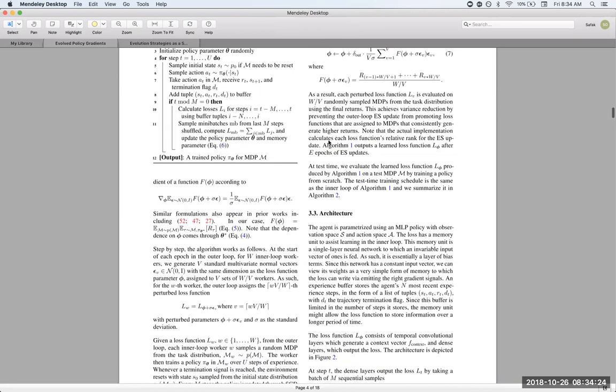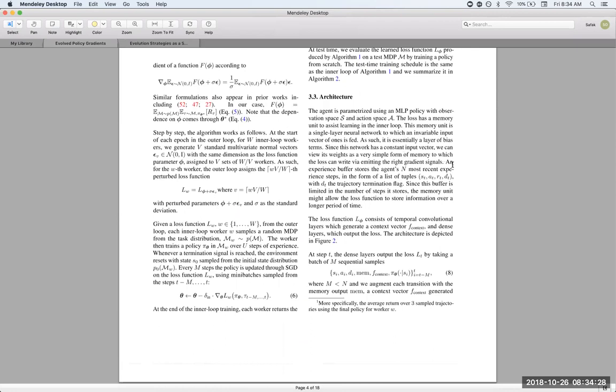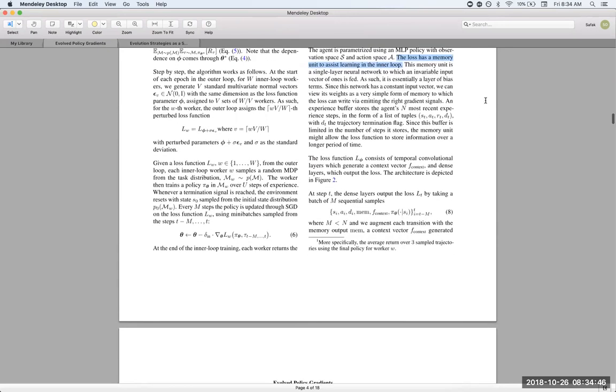So this section number 3 describes the architecture of the loss function. The agent is parameterized using an MLP policy with observation space S and an action space A. The loss has a memory unit to assist learning in the inner loop. This reminds me of sequence models, like an RNN.